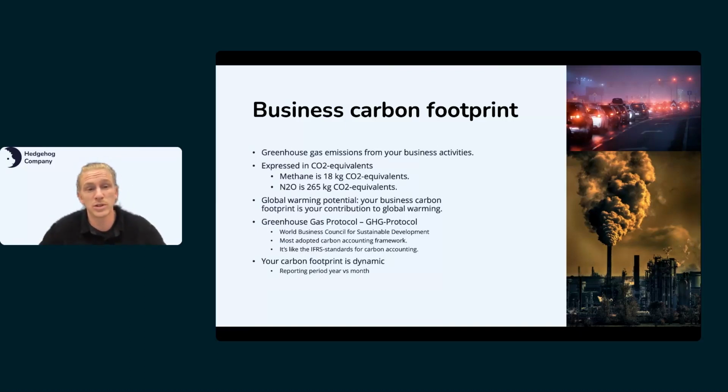The amount of activities or seasonal changes, the amount of production or the amount of people that are in the office are all affecting your carbon footprint. You must keep in mind that this footprint therefore also changes over the period.